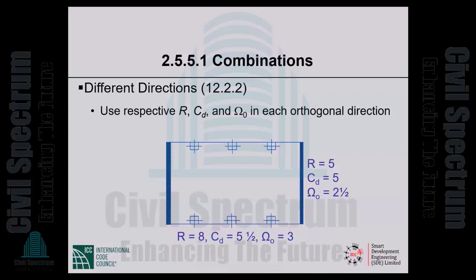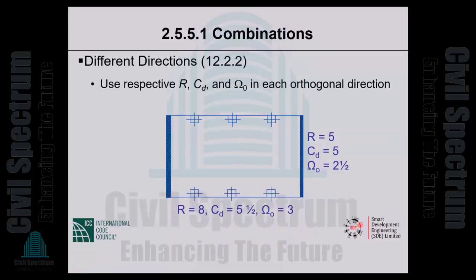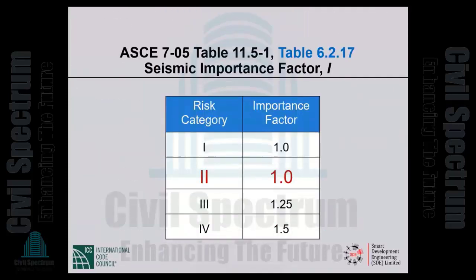Vertical combinations of structural systems. ACI 7 deals with it. BNBC, I did not see it mentioned, so I did not go there. Vertical combinations of structural systems. So in the design base shear equation, we had period, we had R, we also had I, importance factor I. These are the I values; they depend only on the occupancy category of the structure.